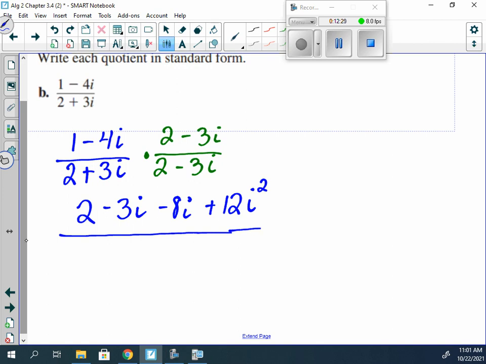Now we can look at the denominator. 2 times 2 is 4. 2 times negative 3i would be negative 6i. 3i times 2 is plus 6i, and 3i times negative 3i is negative 9i squared.